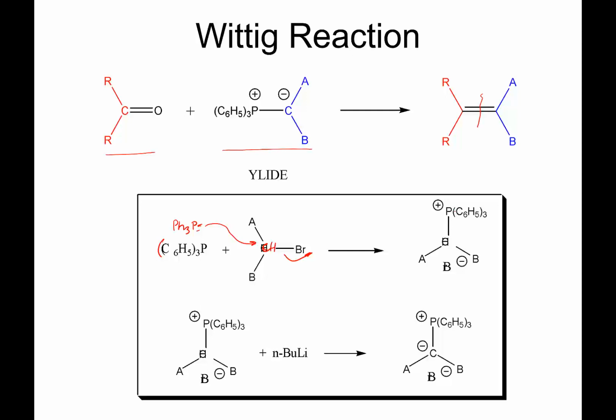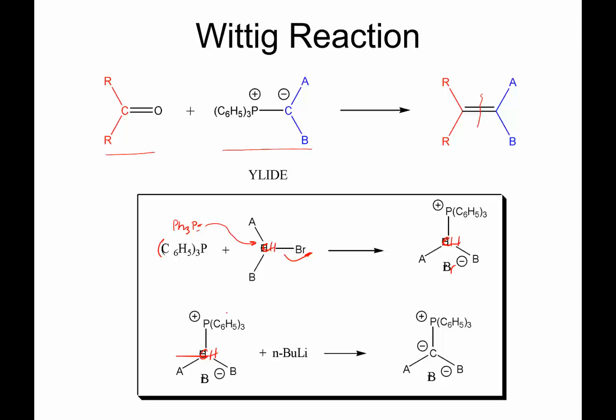So I end up with my triphenylphosphorus attached to my carbon. And then the bromine is the counterion to the phosphorus. So I've now formed a phosphorus-carbon bond.